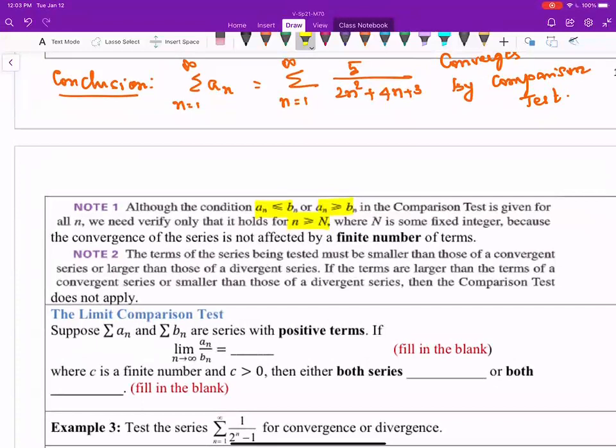Still, the result can be applied. The comparison test can be applied, where N is some fixed number, because the convergence of the series is not affected by a finite number of terms.